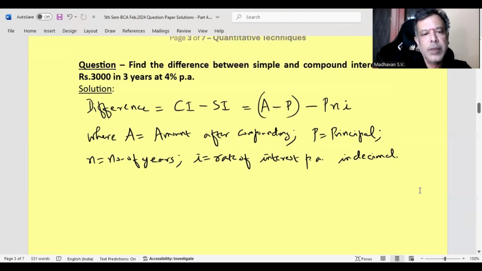Now we need to substitute. For compound interest, the final amount can be calculated as A equals P times 1 plus I to the power of N.